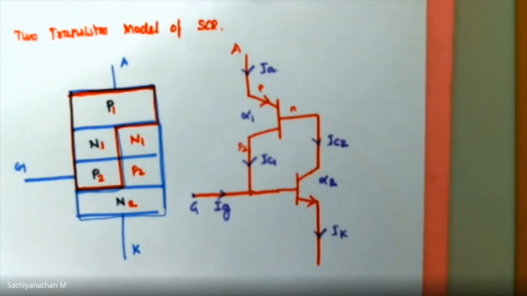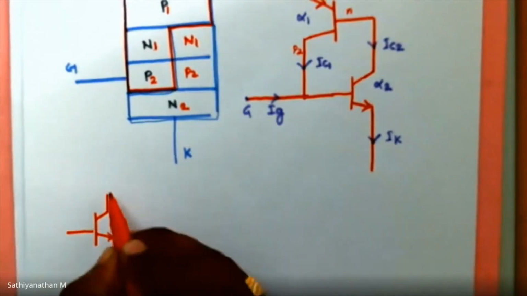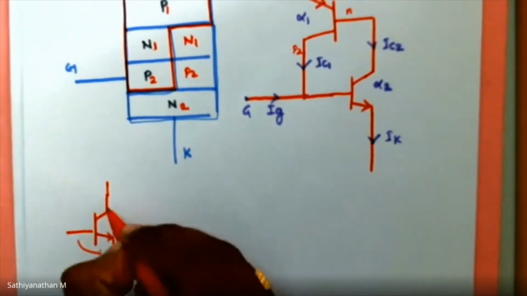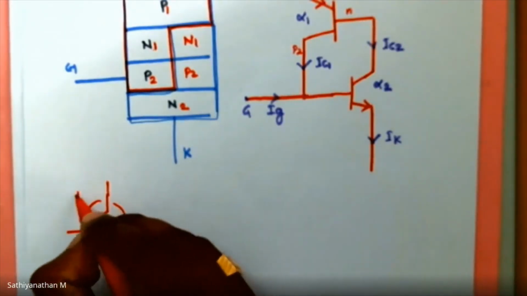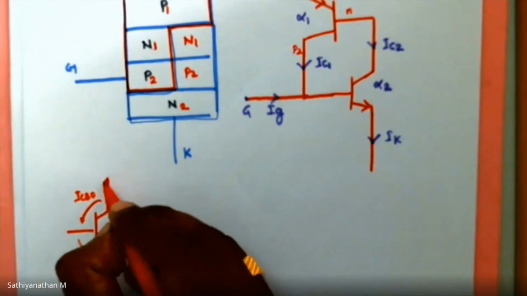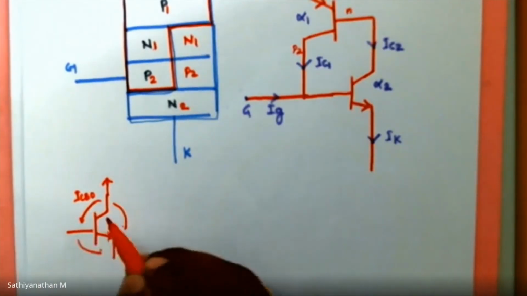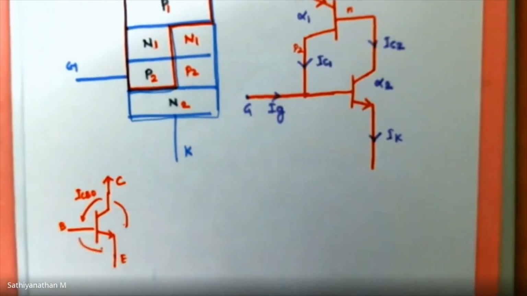In general, if you take a transistor, you have a collector, emitter, and this is your base.